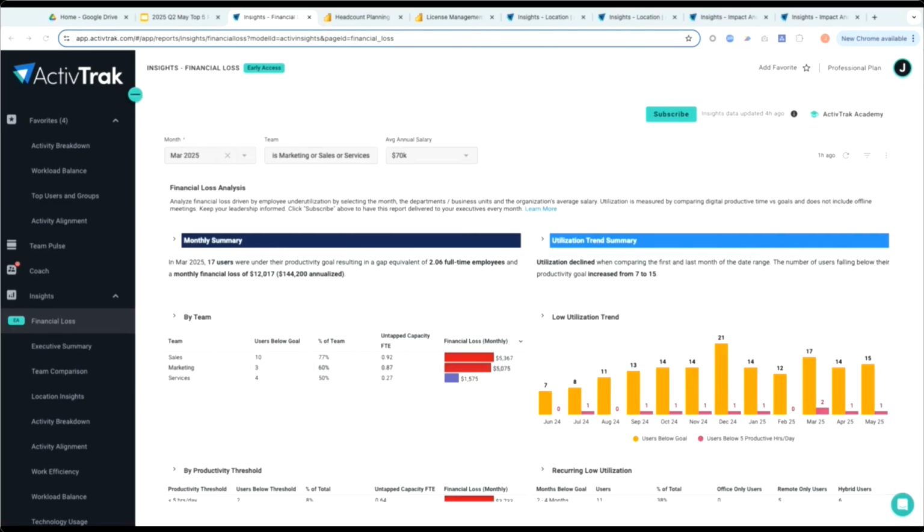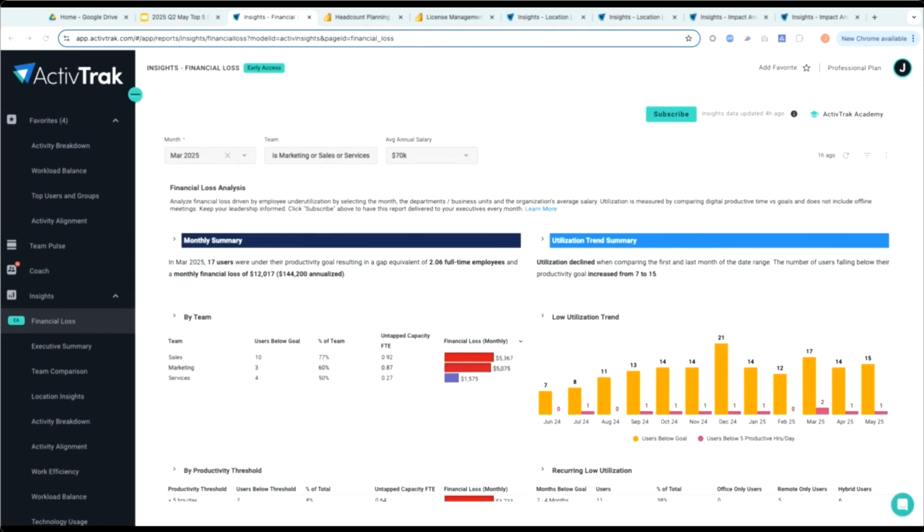The other form is reallocation of efforts and resources: we have some untapped capacity in this department, so can we give them a new project that utilizes that salary in a different way to the benefit of the business? Those are very simple ways to think about it.